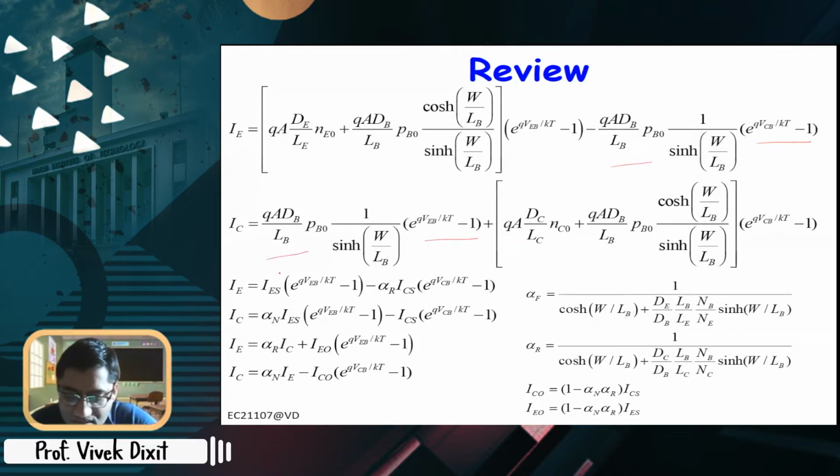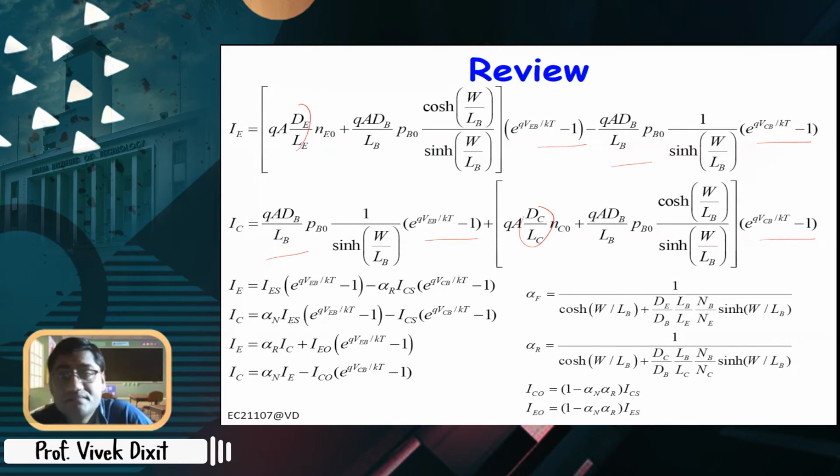Similarly, the expression for exponential qV_EB by kT for IE and exponential qV_CB by kT for IC are also the same, except whatever is emitter here, the same thing is collector here. The rest of the things are similar.